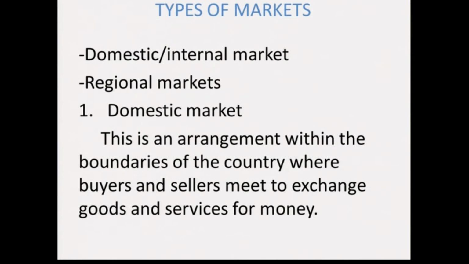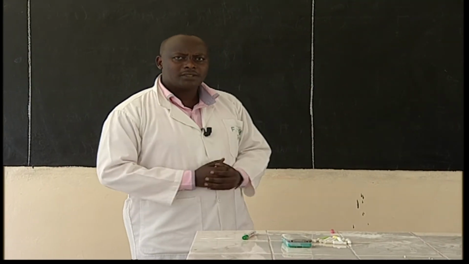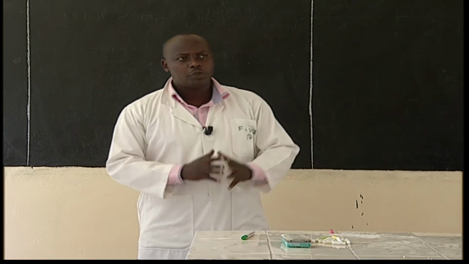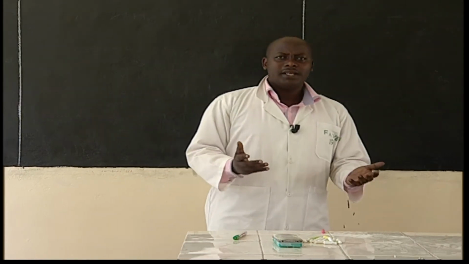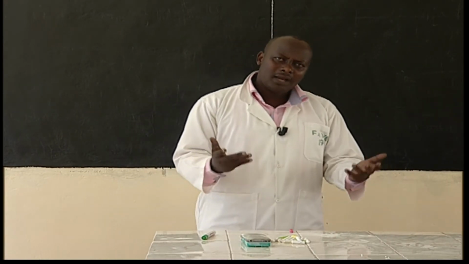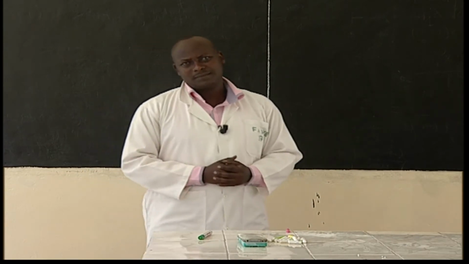Now, learners, before I start explaining these types of markets, do you remember very well what we learned in the previous lesson about the concept of the market, when we were studying the concept of demand and supply? We talked about a market. Is there anyone who can tell us what a market is?